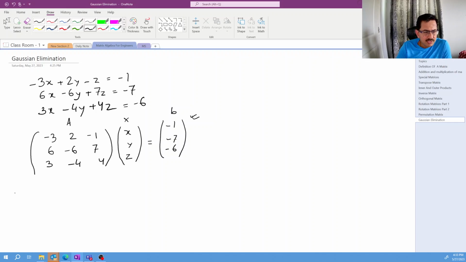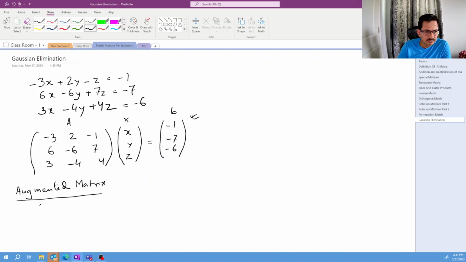So the first step to understand the Gaussian elimination algorithm is to create an augmented matrix. What is an augmented matrix?